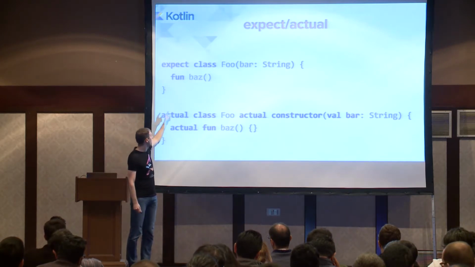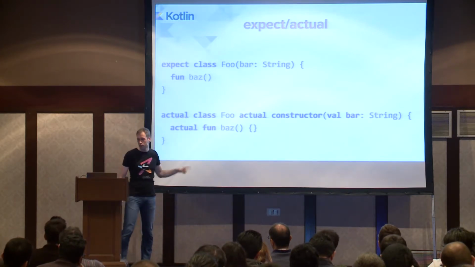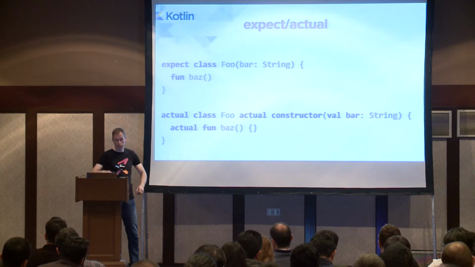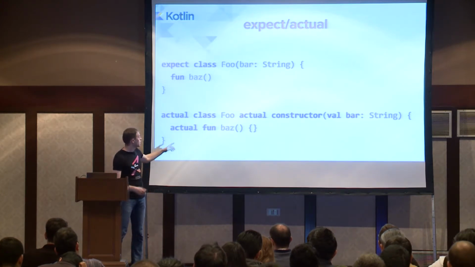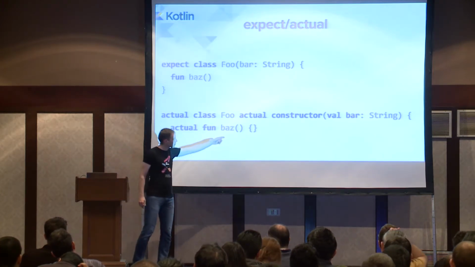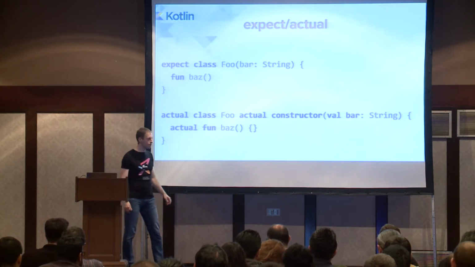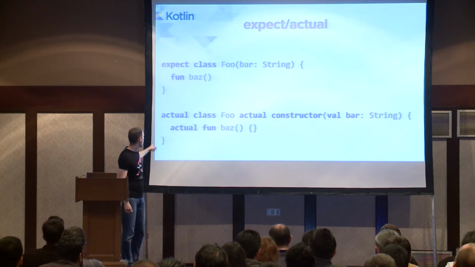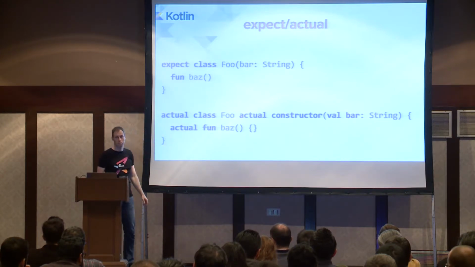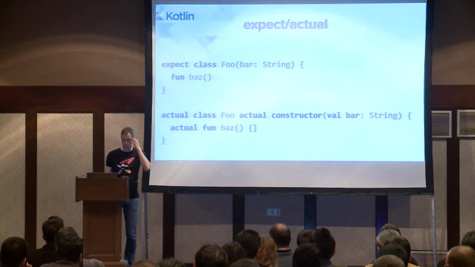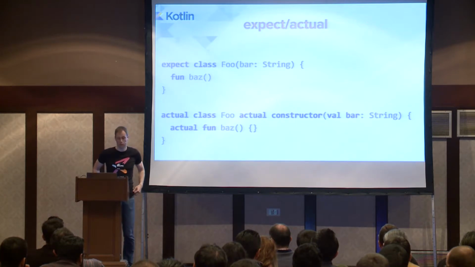So for example, we have here a constructor. After a class name, you can put a number of parameters in Kotlin, and this will be a primary default constructor. So we need to declare an actual constructor in platform-specific code, and then declare an actual function, a member function of this class, in the platform-specific code.